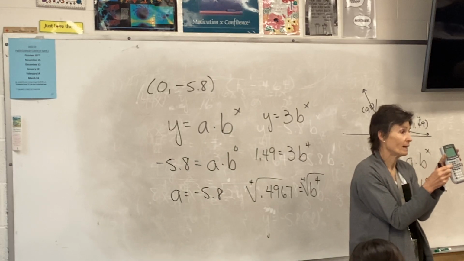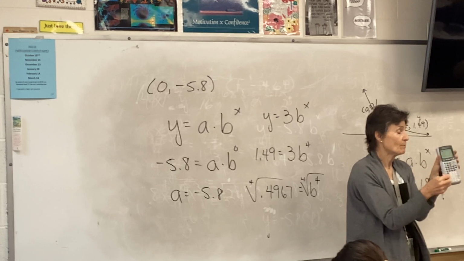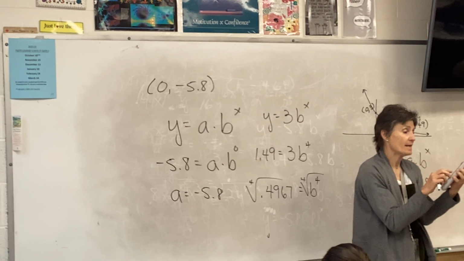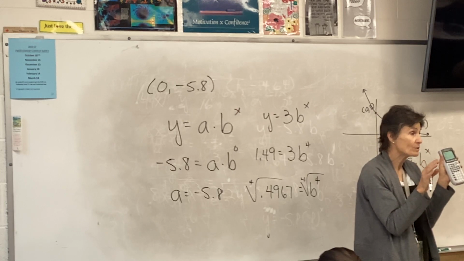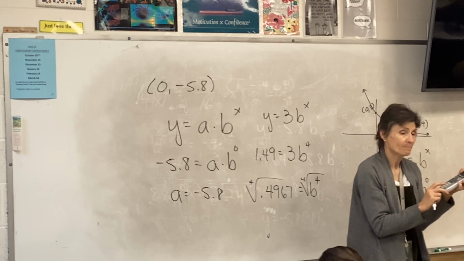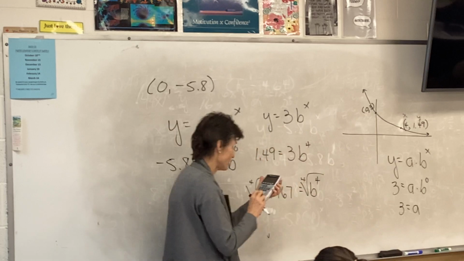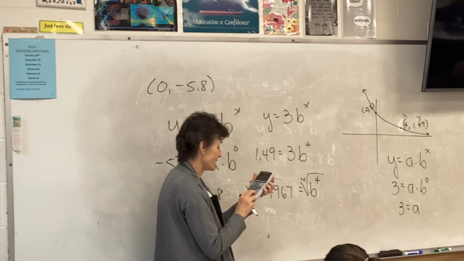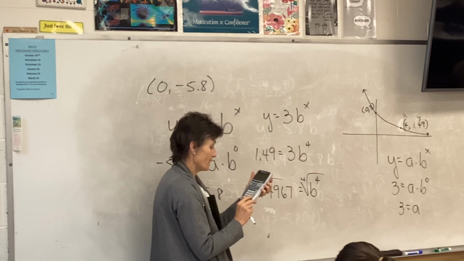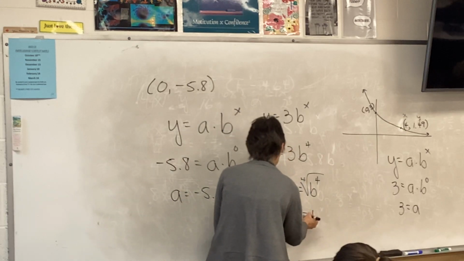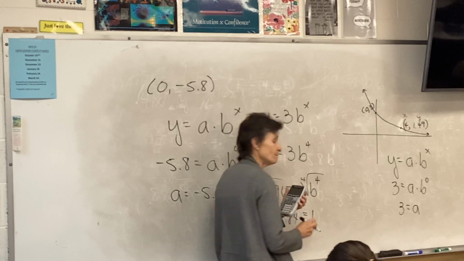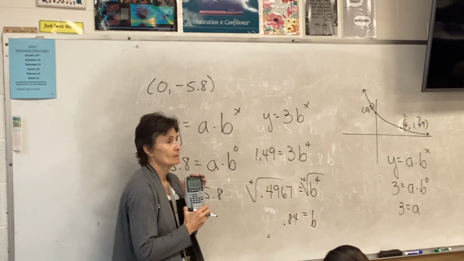If you look down the list, there is an X root button, for me it's number 5. You see it? Press that, and then type in 0.4967, and press equals, and it's about 0.84? Yep. Roughly.